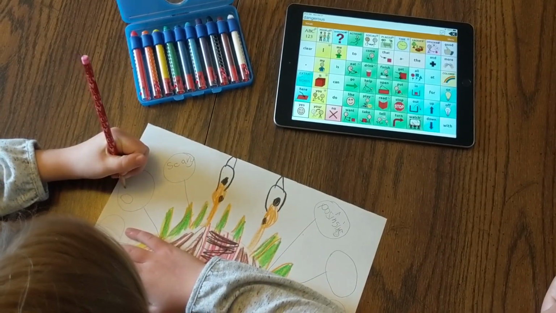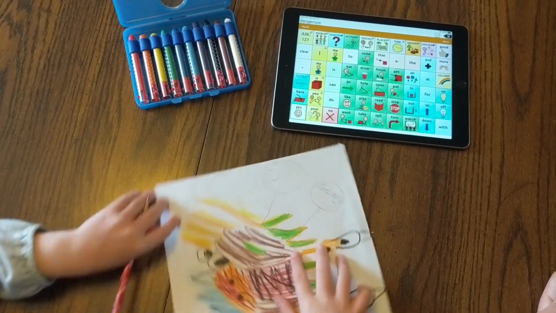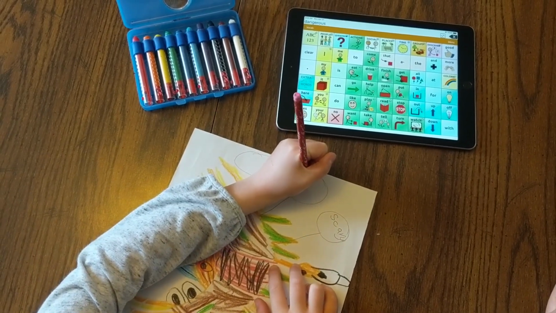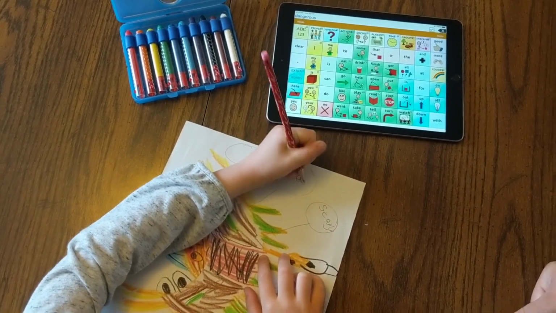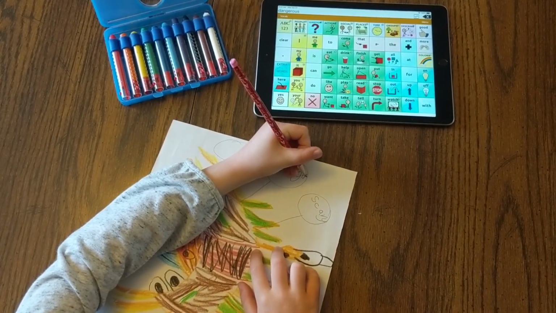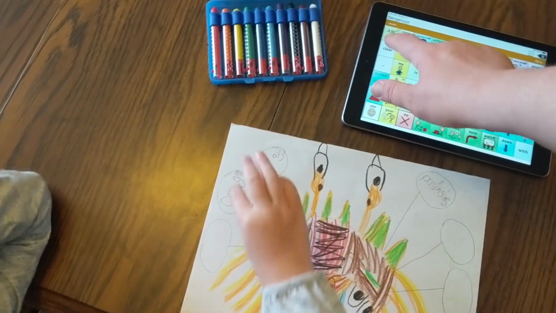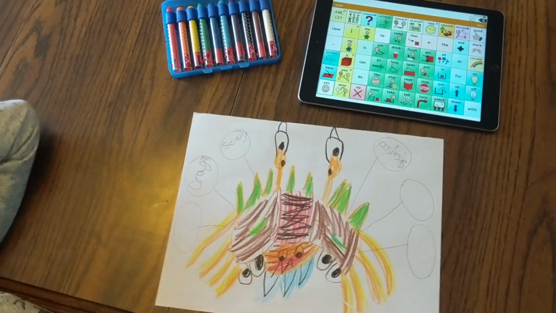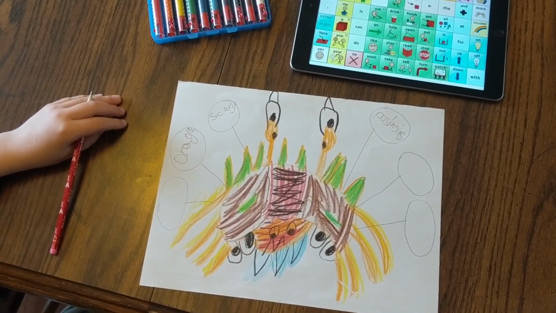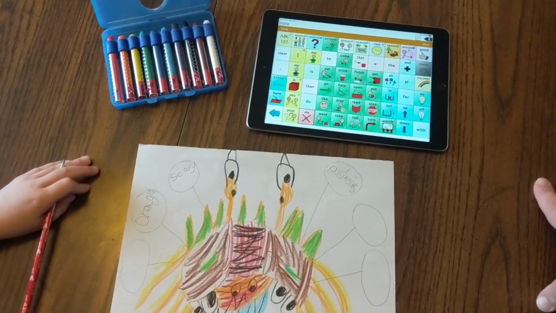He is a dangerous crab. My daughter is a lefty, aren't you? Mm-hmm. Well, I didn't draw those circles. You do have to turn the paper. Okay, so we've got 3 more circles.